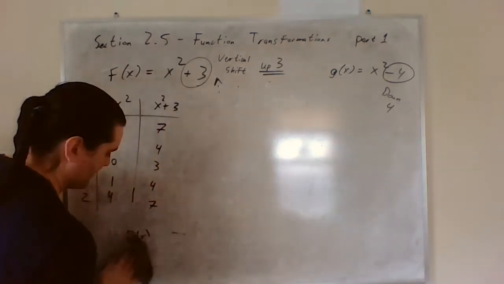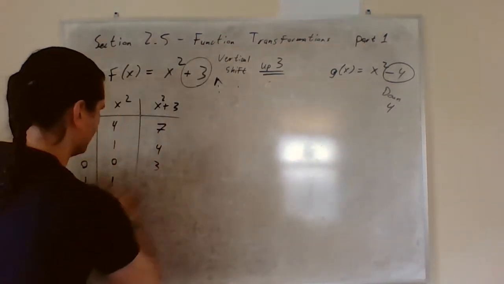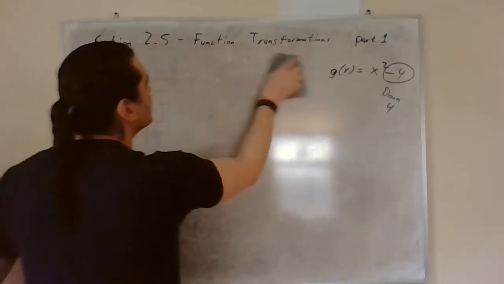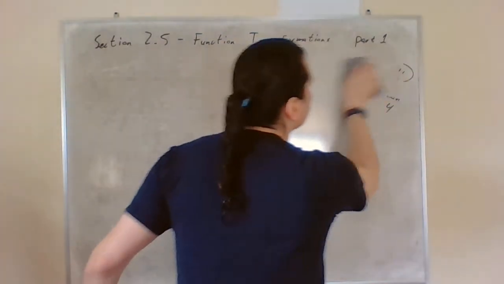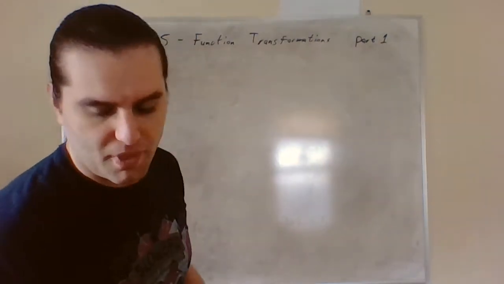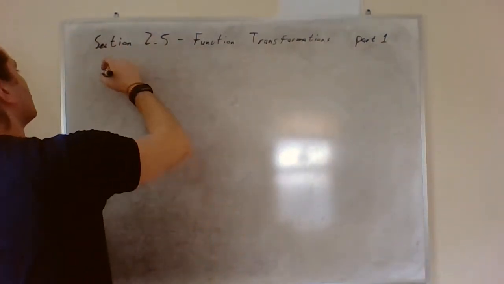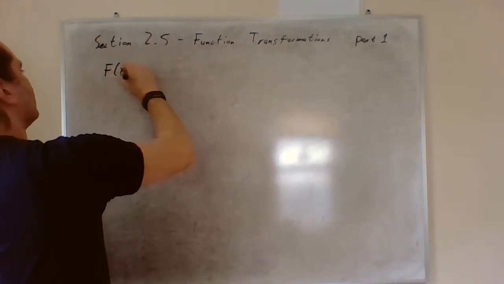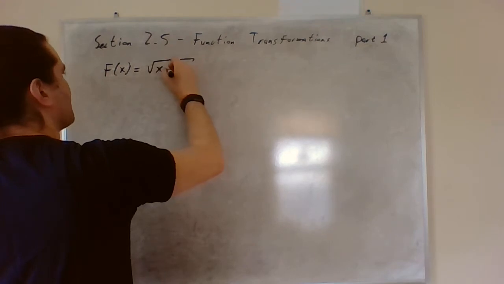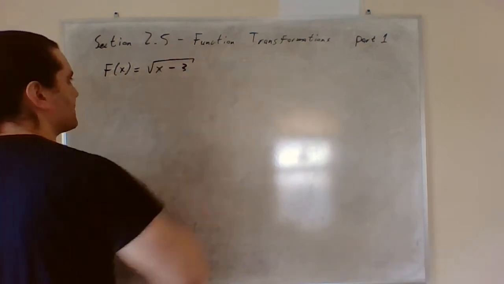It's now time to talk about a different kind of shift. So next I want to talk about, let's say f of x equals the square root of x minus 3.